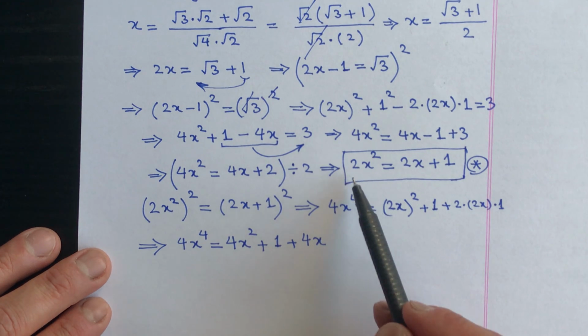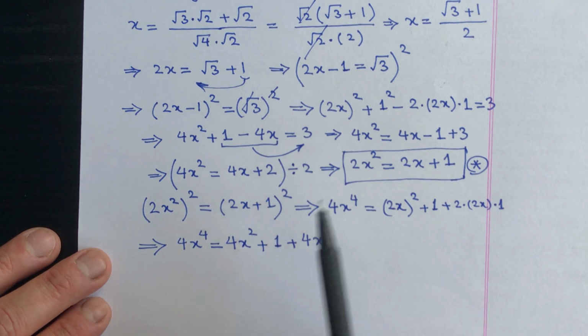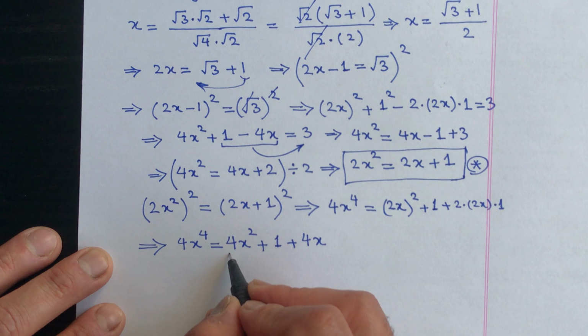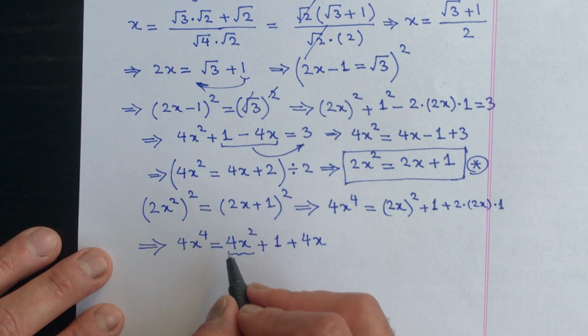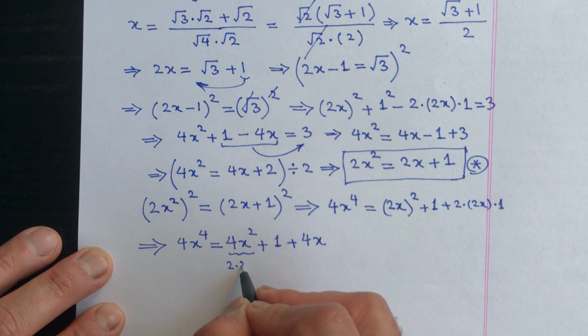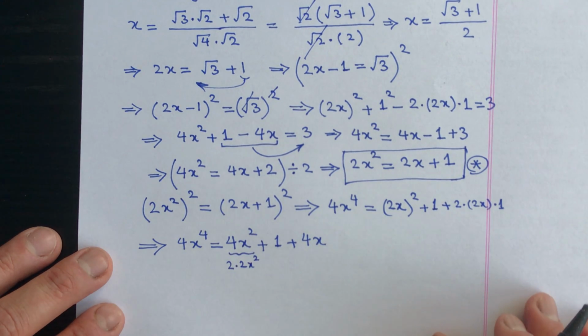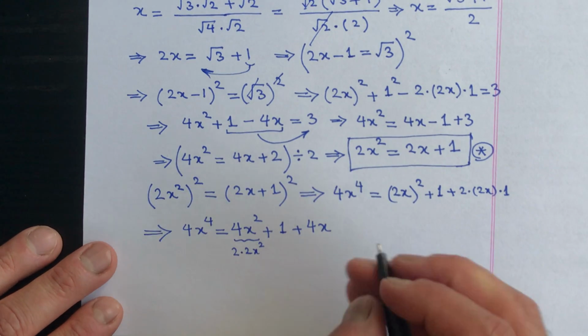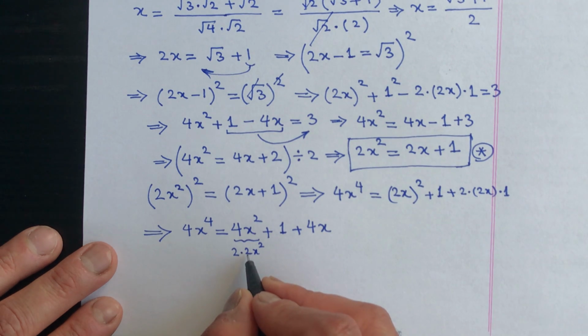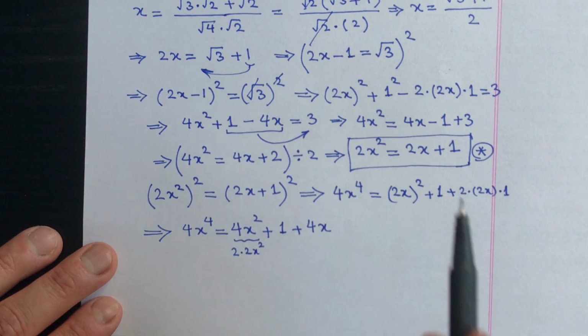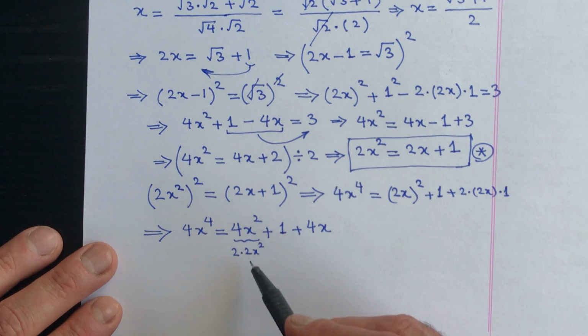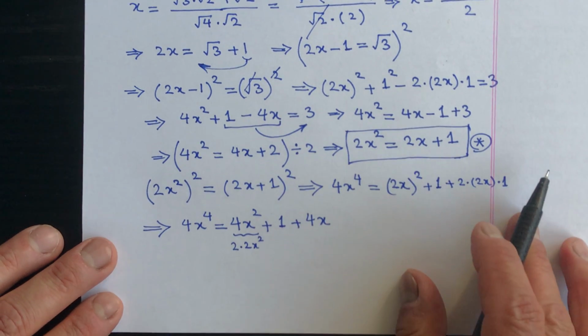It was 2 times x squared, and here 4 times x squared equals 2 times 2x squared. I can write it like that. And 2 times x squared is here, so I can replace this expression here.